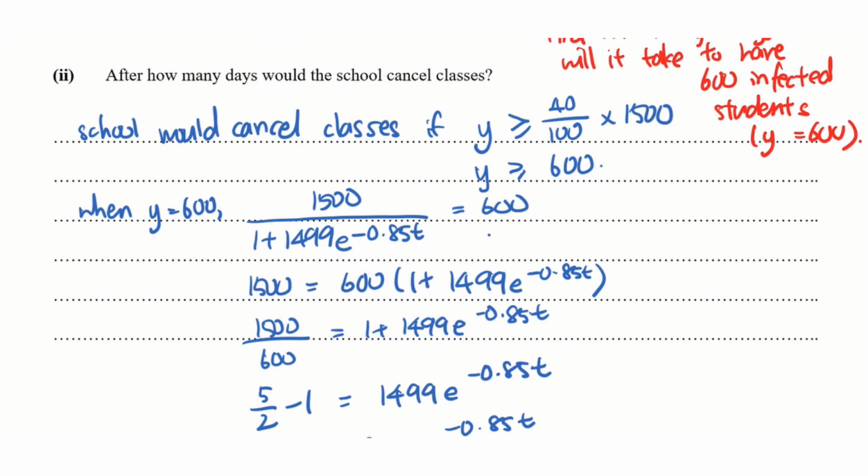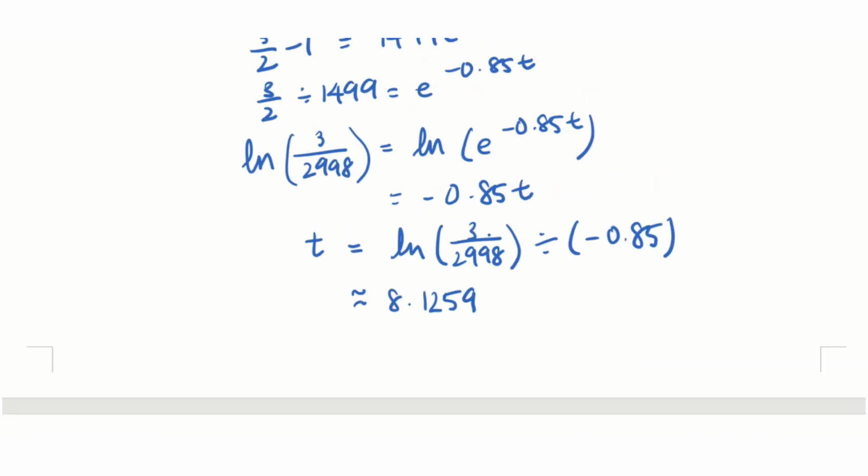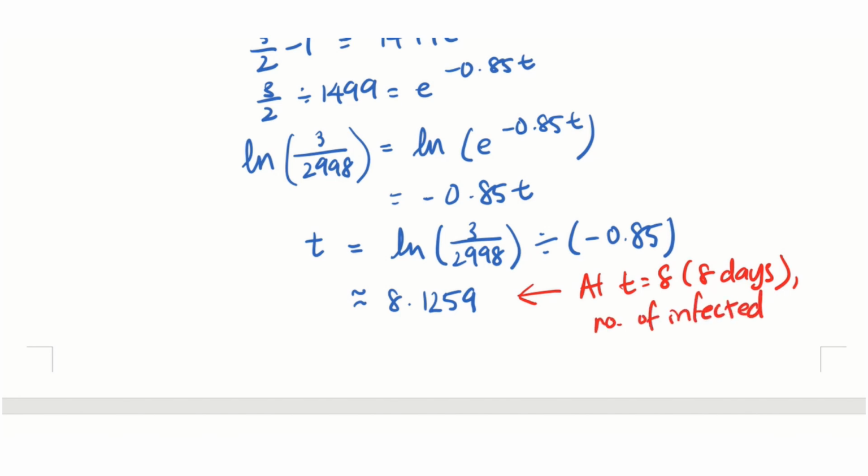But I want you to be very careful, because at t equals 8, that means 8 days, the number of students infected would actually be less than 600, because only at 8.13 are there 600 infected students.